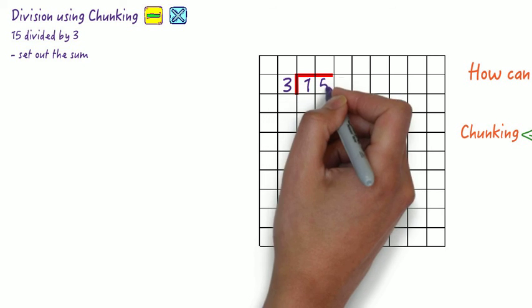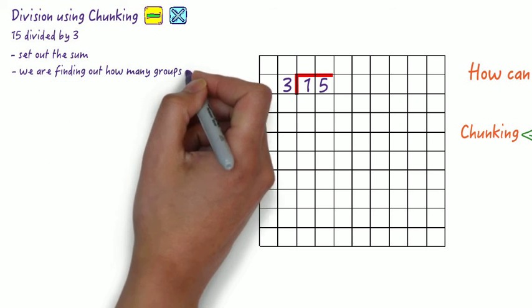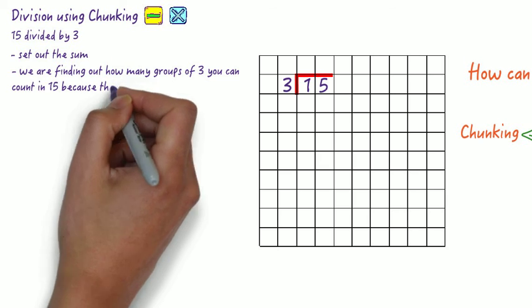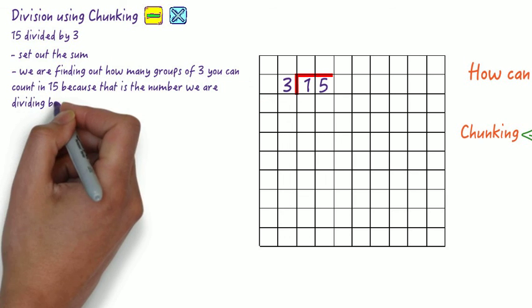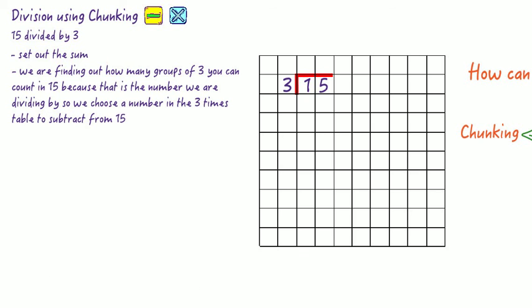We're finding out how many groups of 3 we can count in 15. So we need to use multiples of 3. In chunking you subtract the multiples. I know that 3 is a multiple of 3 because it's 1 times 3. So I'm going to subtract 3.